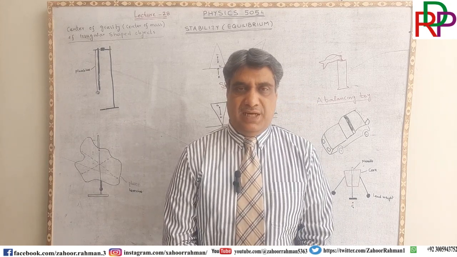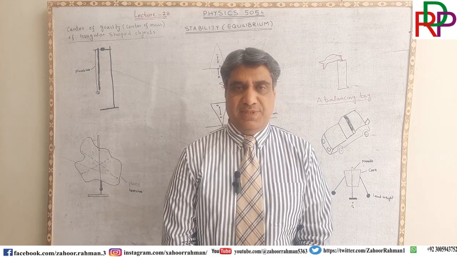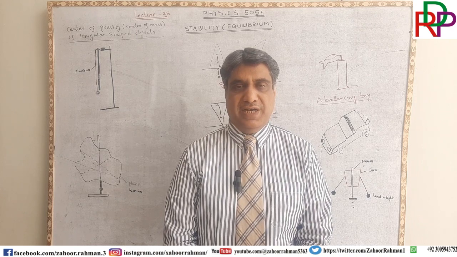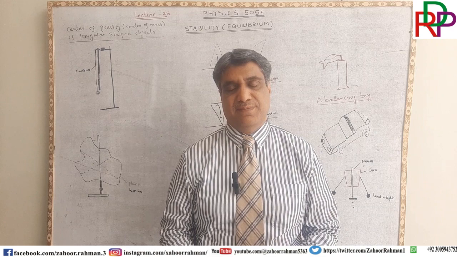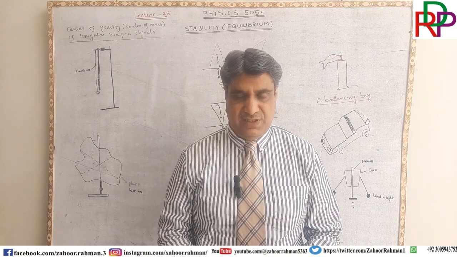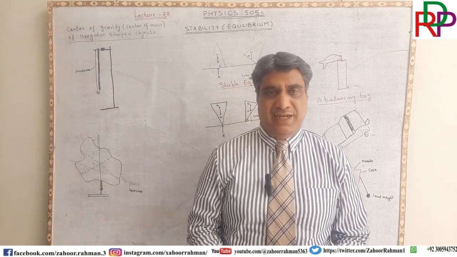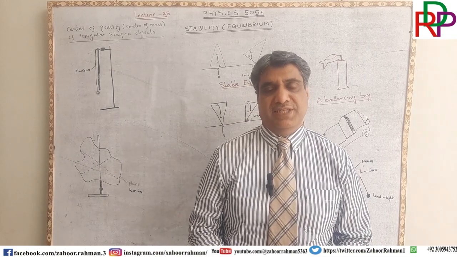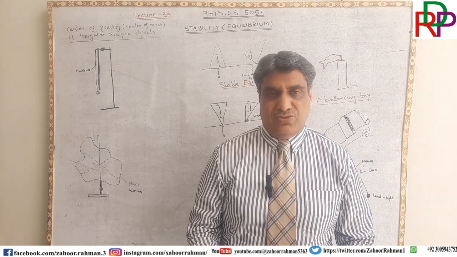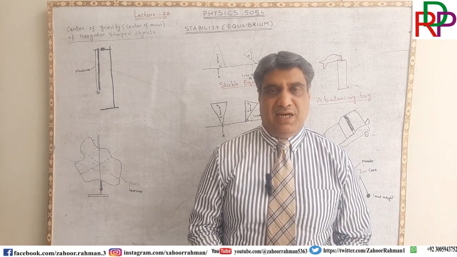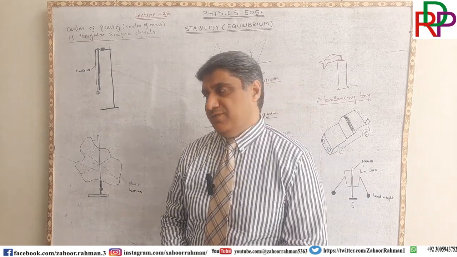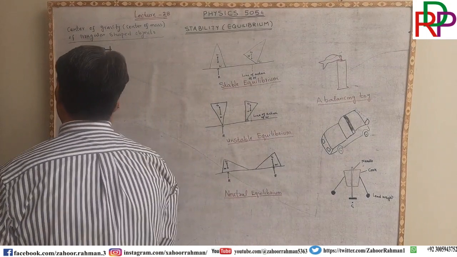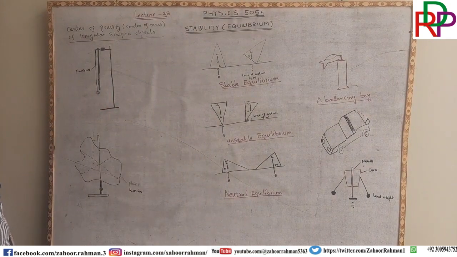Today, we are going to determine how to find the center of gravity or center of mass of irregular shaped objects. Let us do that with the help of an experiment, and then we will derive a conclusion.